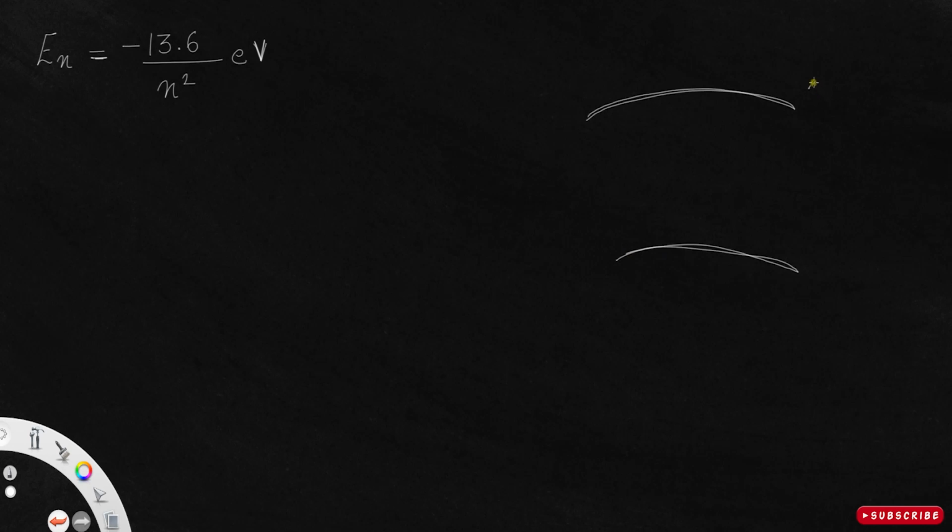Let this be the initial orbit, and this is the final orbit. When an electron moves from the higher orbit to the lower orbit, it will release a certain spectrum. We can find the wavelength of the spectrum using the Rydberg's equation.